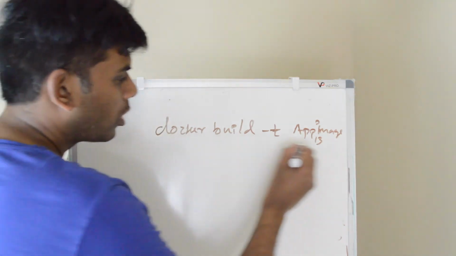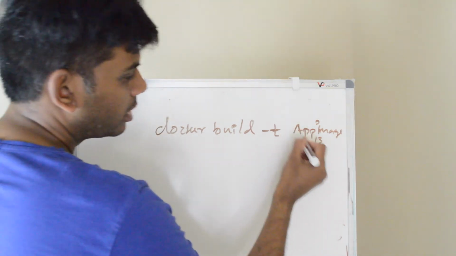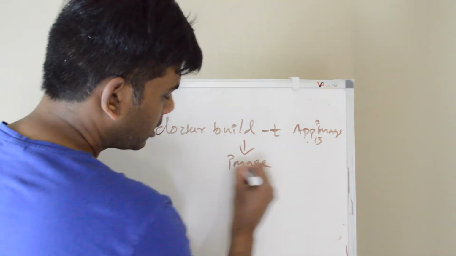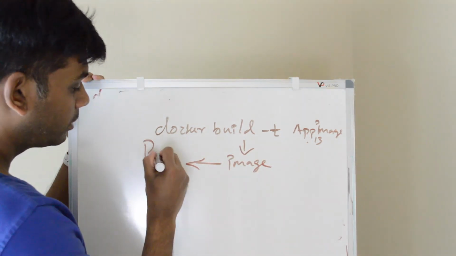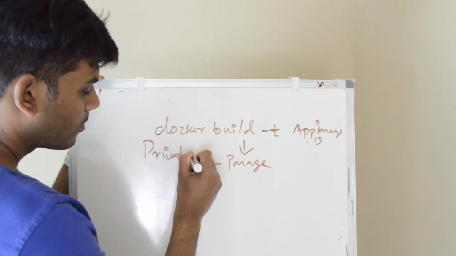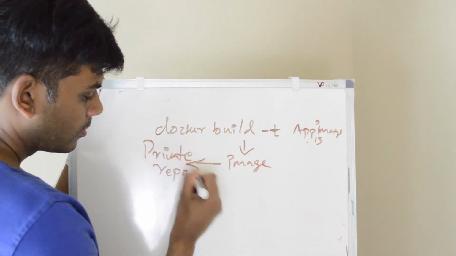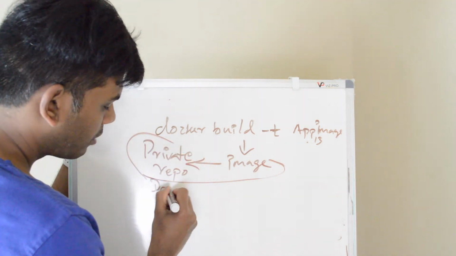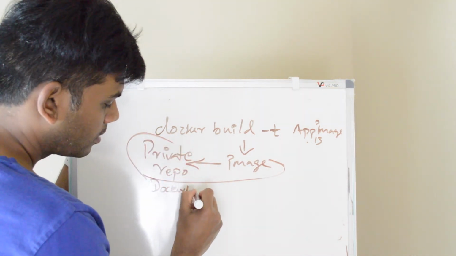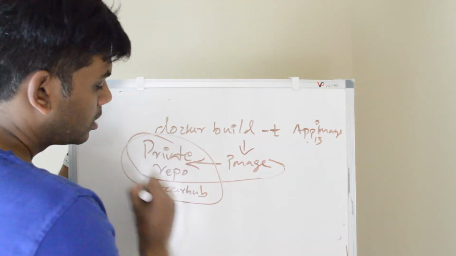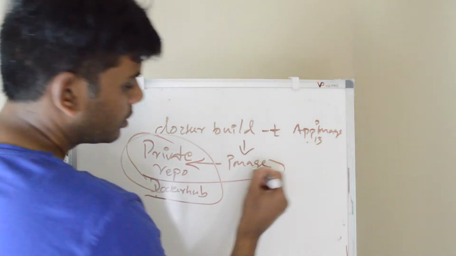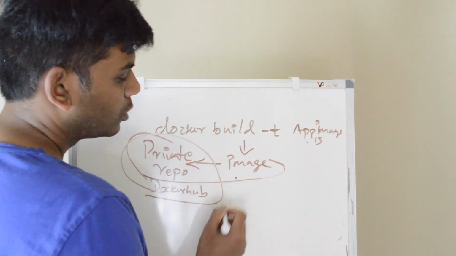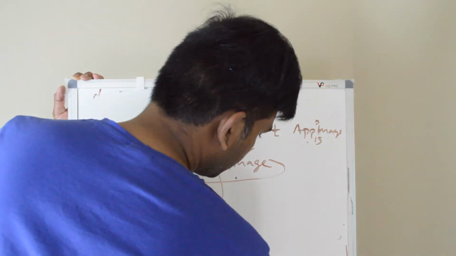So they'll run the docker build command that will generate the image, and now this image can be pushed to a private repository, right? This could be a Docker Hub private repository. So now the image has all the instructions to create a container, right?